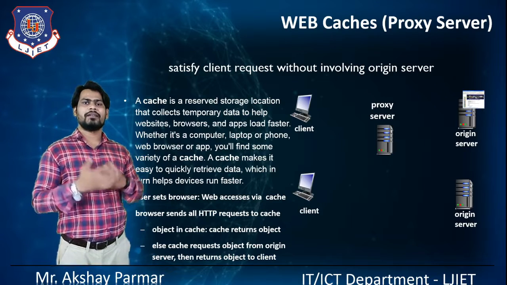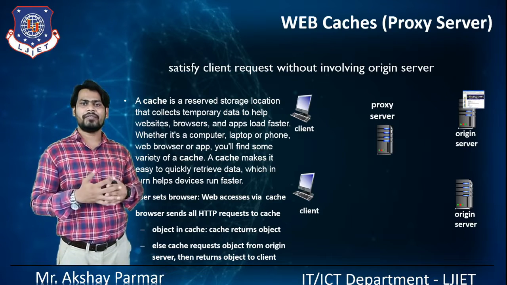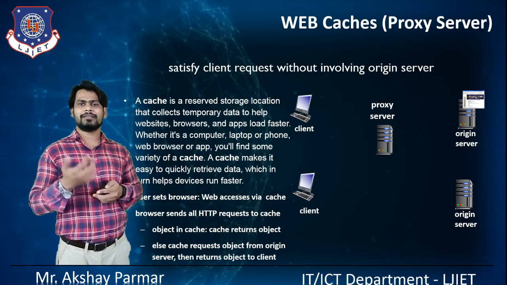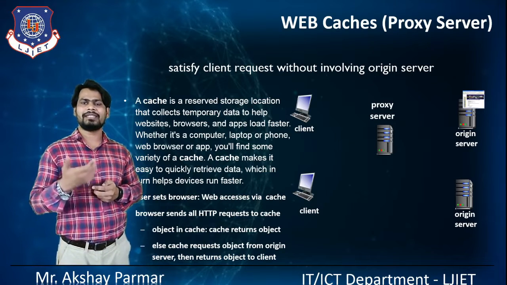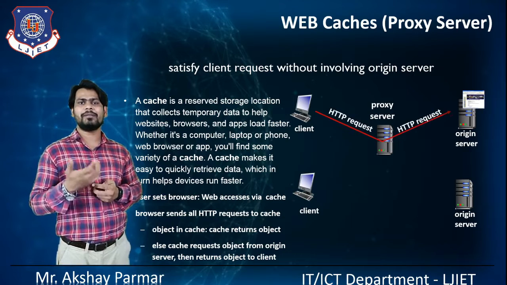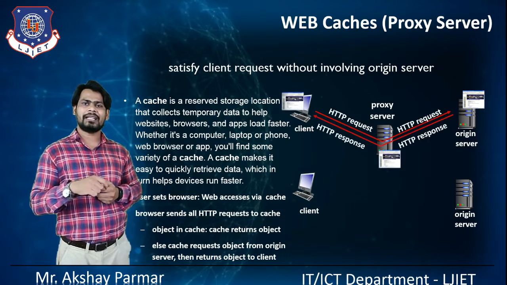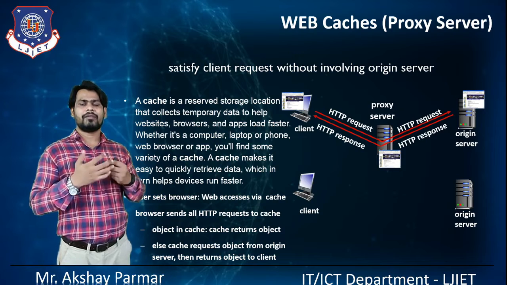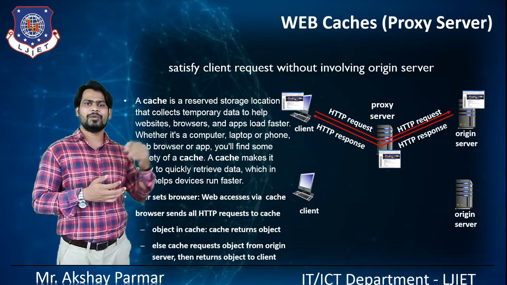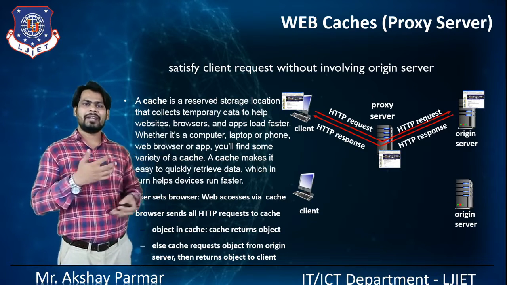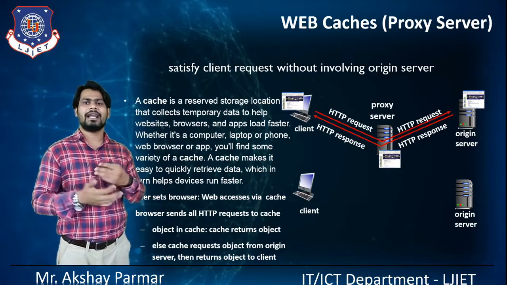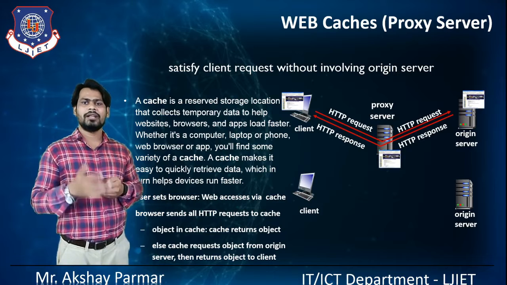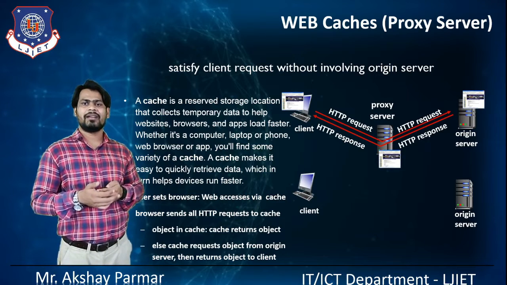So whenever the client wants information from a particular server, it is sending an HTTP request to the proxy server, right? The proxy server then forwards that HTTP request to the origin server. After getting the response from the origin server, the proxy server redirects that HTTP response to the client itself, right?